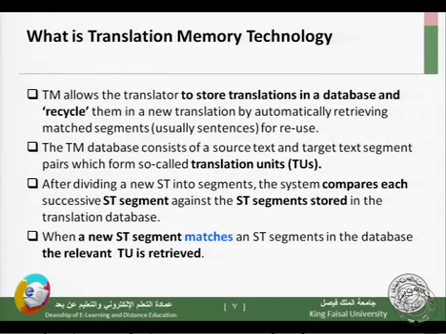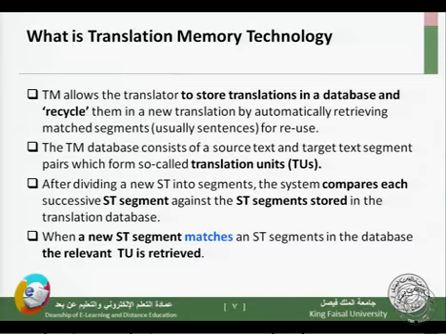Now, the TM database, the second point. Now, the database consists of what? Of a source text and target text segments. The data consists of a source text and the target text segment pairs, which form the so-called translation units.